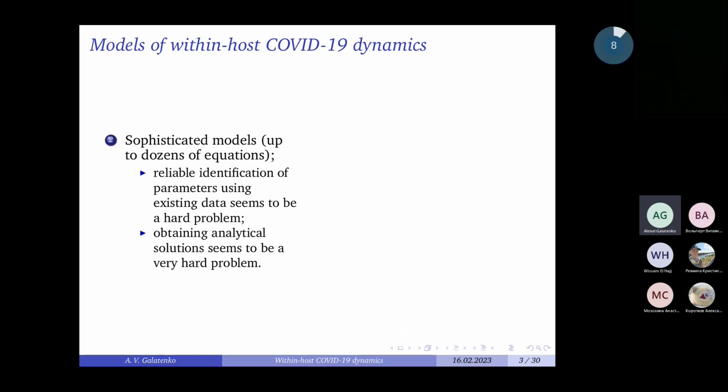All right, so there are simple models, but there are also very sophisticated models. They consist of up to dozens of equations. As a result, reliable identification of parameters using existing data seems to be a hard problem, and obtaining analytical solutions seems to be a very hard problem.